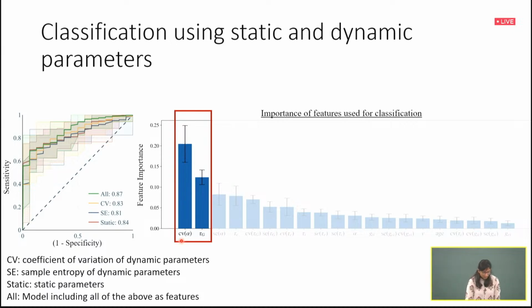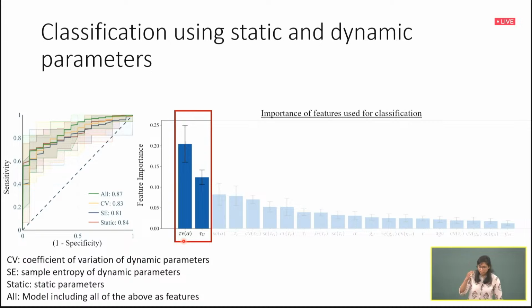Overall, that tells us that both dynamic and static features contribute in classifying Alzheimer's disease from controls. The most important contributing features are impairment in the long range excitatory time constant corresponding to tau g, and the coefficient of variation of coupling, which is this alpha parameter here.